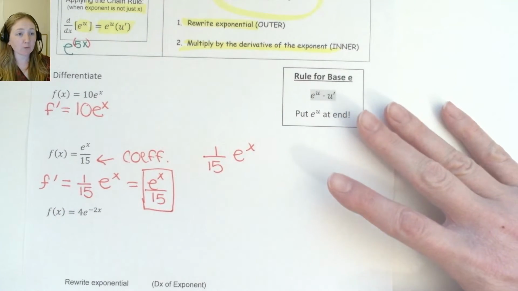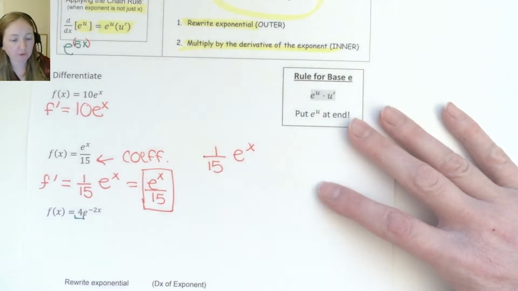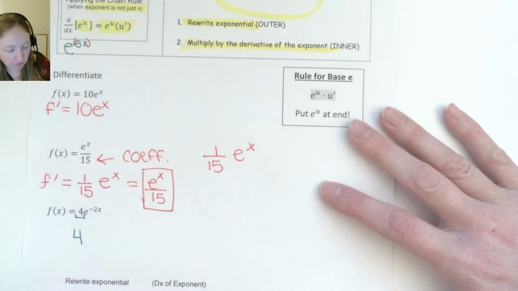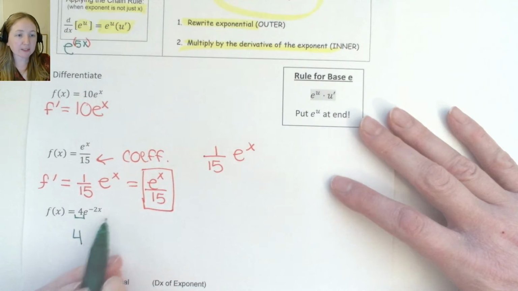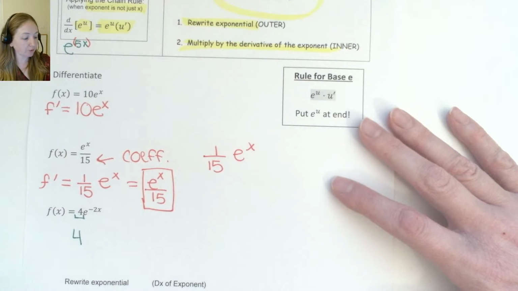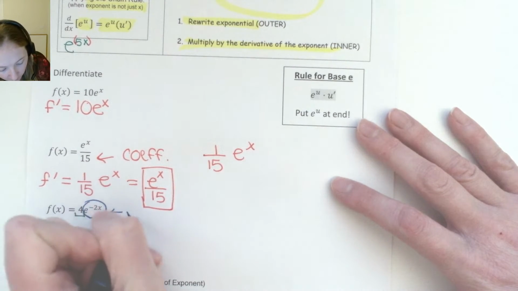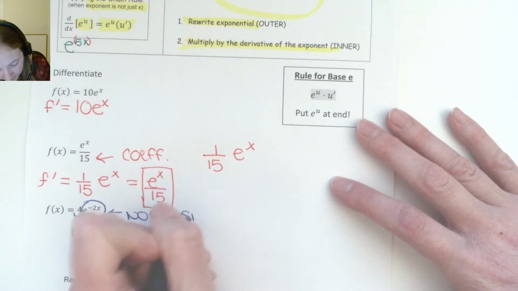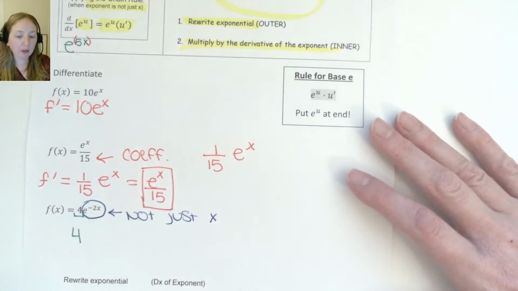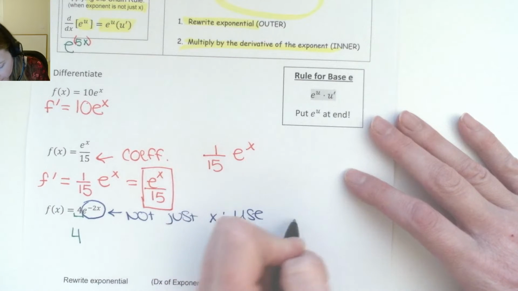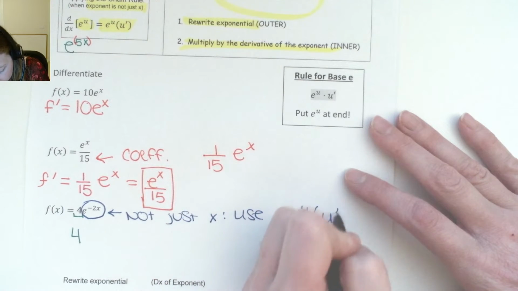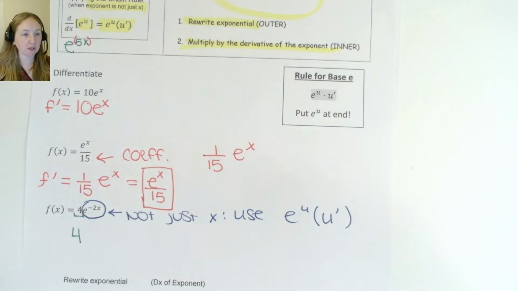Now, for this next one, we also have a coefficient of 4 that is going to tag along, and then we have our e to the negative 2x. Now, you'll notice here for this e to the negative 2x that this is not just x in the exponent. And because of that, we need to use our e to the u times u prime rule. So it's going to be a little bit more involved than just e to the x.